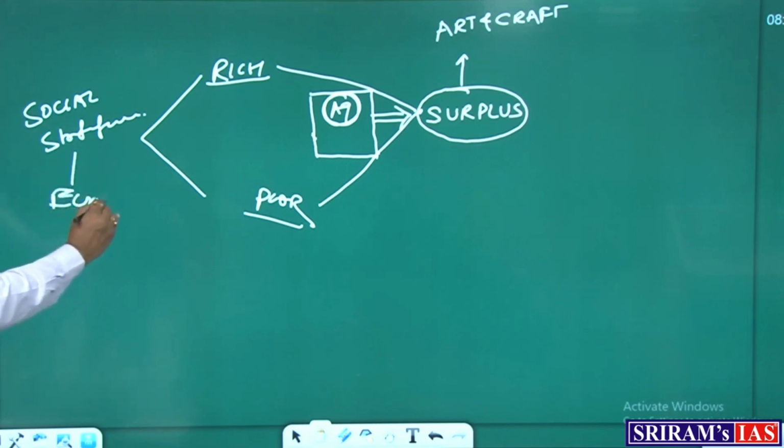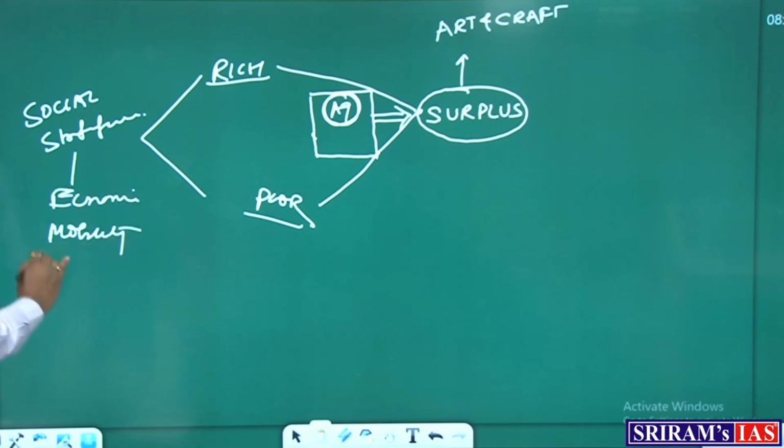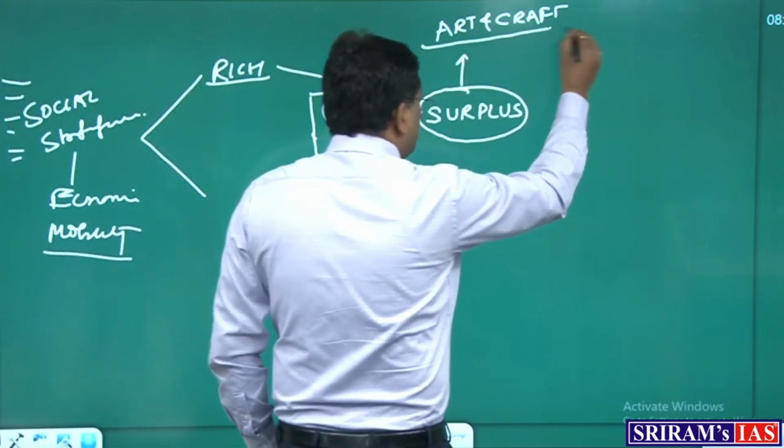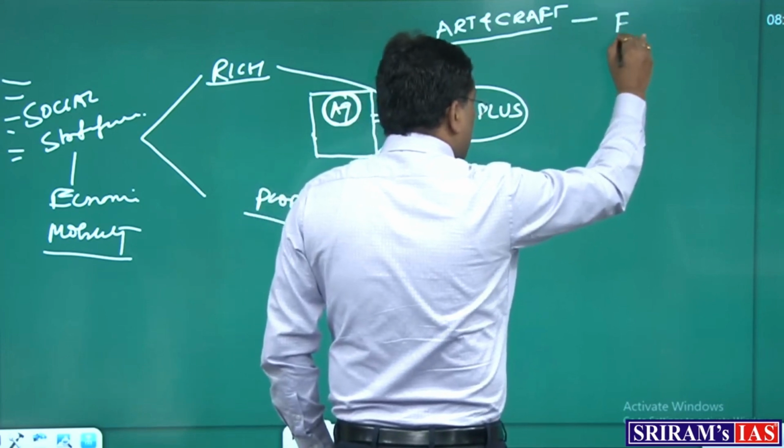So the more stratified the society, the more economic mobility. Economic transaction will become very high. And social stratification exists because everybody had different surplus. So there are lots of classes and thereafter the economic mobility is very high, which means economic generation is very high. Right? Art and craft means there are possibilities of export.